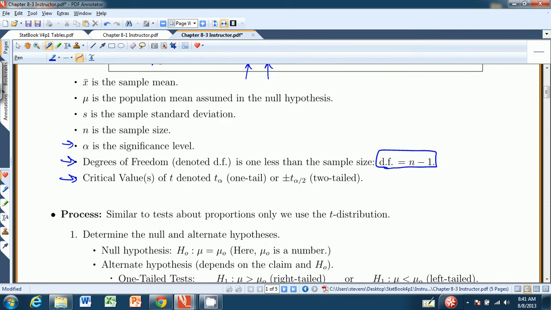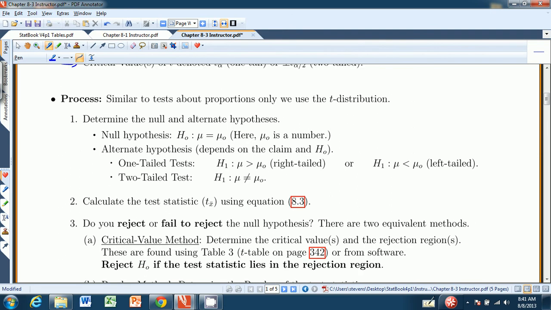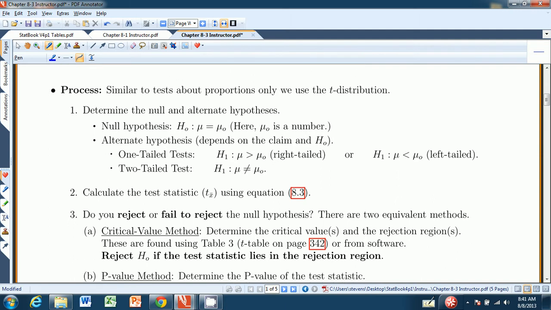Okay. The process is similar to the process described in the last section, and is similar to the many times you'll see this throughout the book. You want to determine the null and alternate hypothesis. In this case, we're making a claim about a population mean, so we'll have a mu equals mu sub 0, where mu sub 0 is a number.